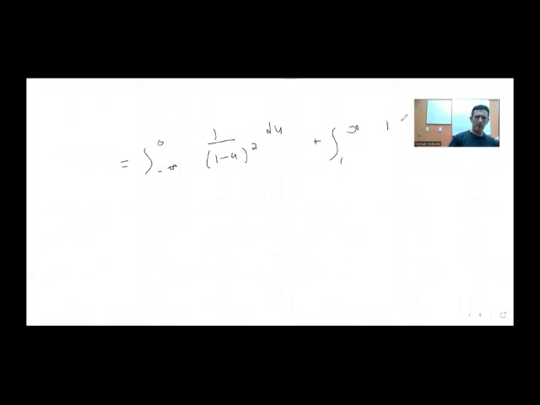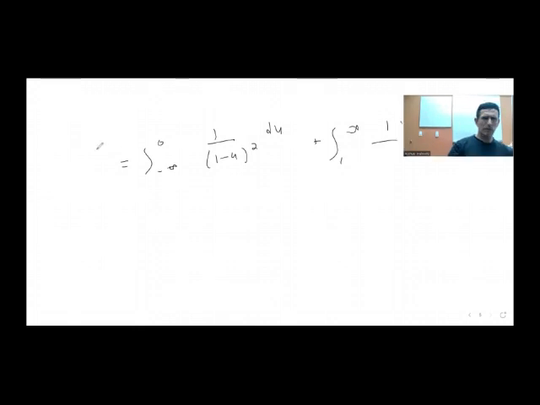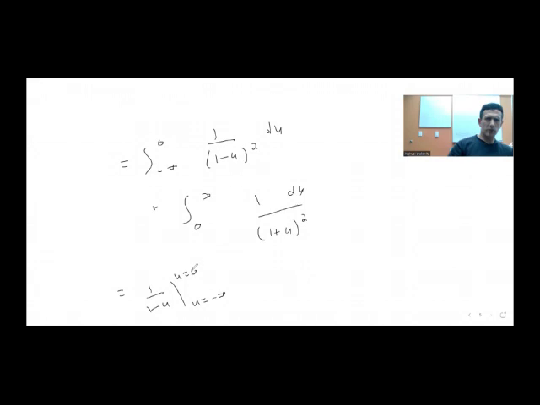Basically the same thing. 0 to infinity. And this trivially converges. Yeah, just literally integrate this. So it goes from u equals minus infinity to u equals 0.